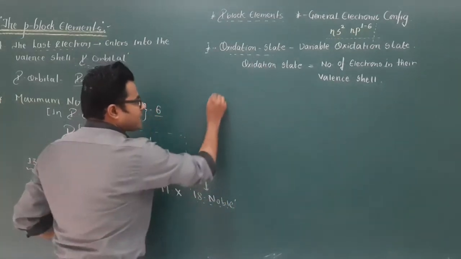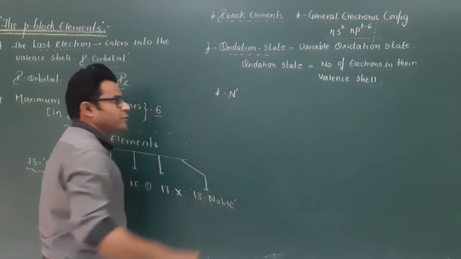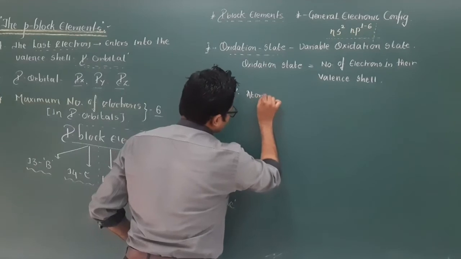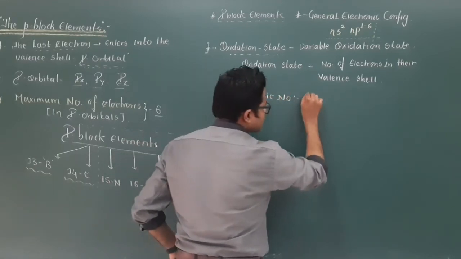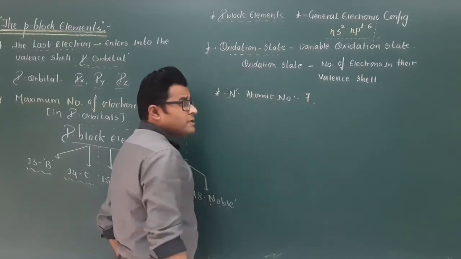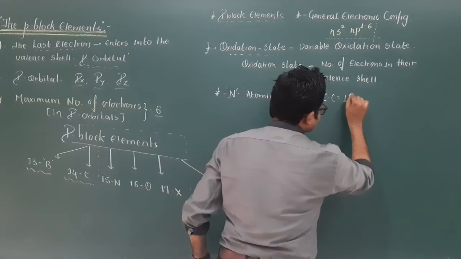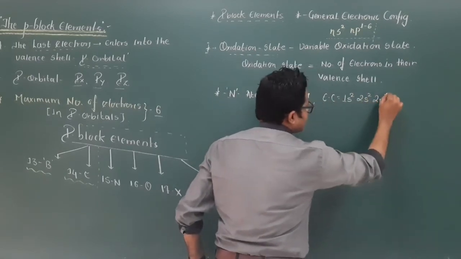Okay, let us take one particular example in order to explain this statement of mine. So let's take here the atom nitrogen. The atomic number of nitrogen is 7, right? So the electronic configuration will become 1s2, 2s2, 2p3.